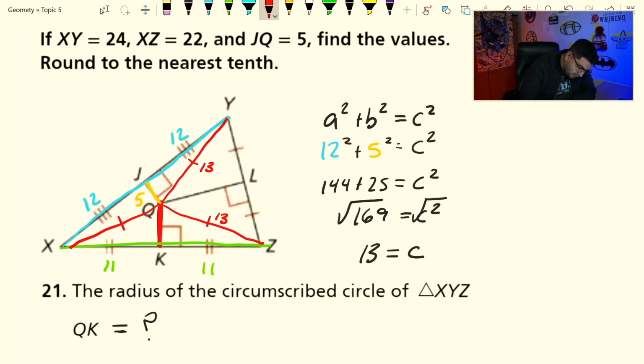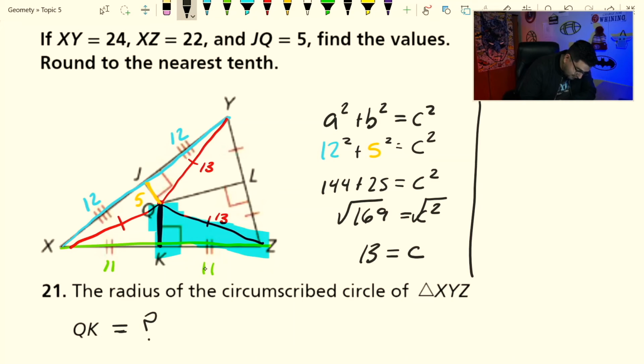Then I can repeat the whole process of the Pythagorean theorem, but this time I'm focused on this lower triangle. It'll allow me to solve for QK, because I know the hypotenuse, I know one of the legs, and QK is the missing leg. So now I'm looking for QK, which I'll call a. So a squared plus 11 squared equals 13 squared, because that's our hypotenuse.